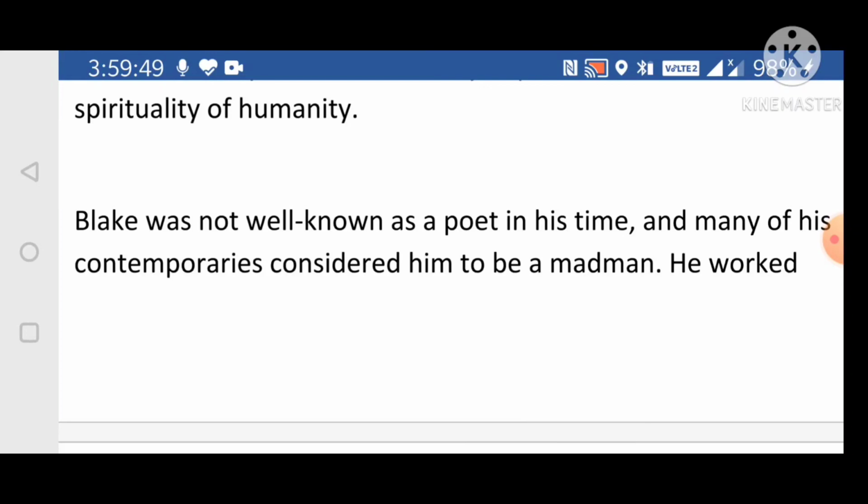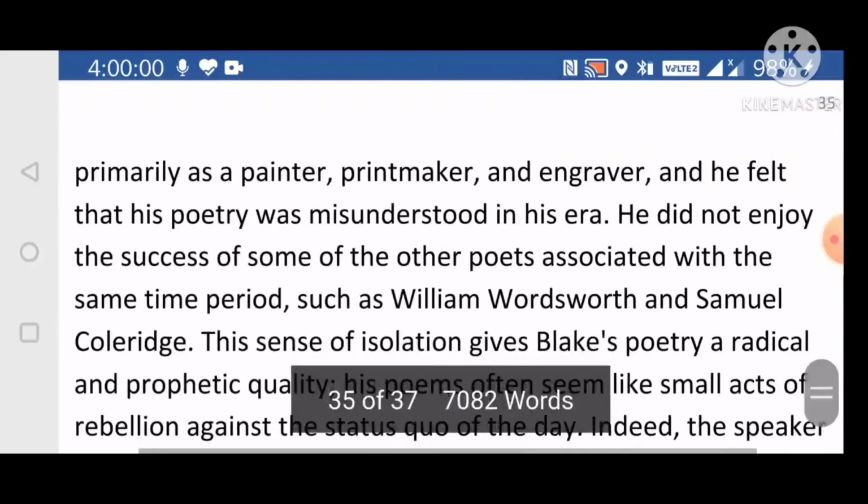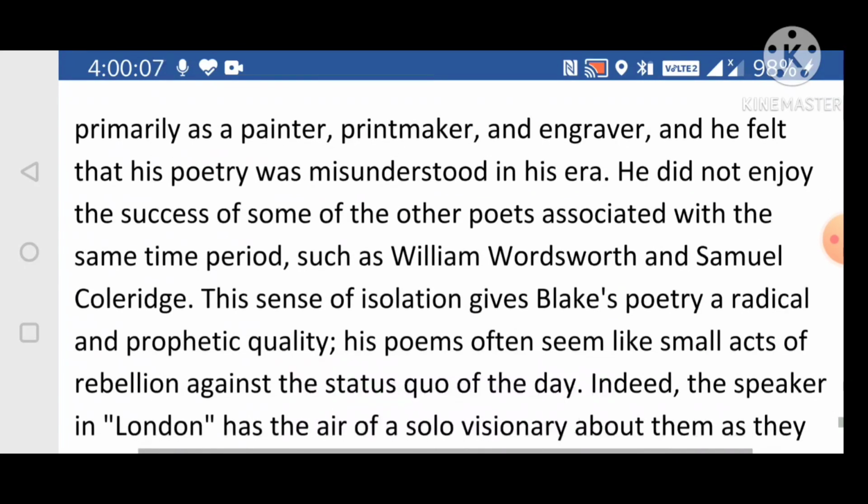Blake was not well known as a poet in his time, and many of his contemporaries considered him to be a madman. He worked primarily as a painter, printmaker, and engraver, and he felt that his poetry was misunderstood in his era.